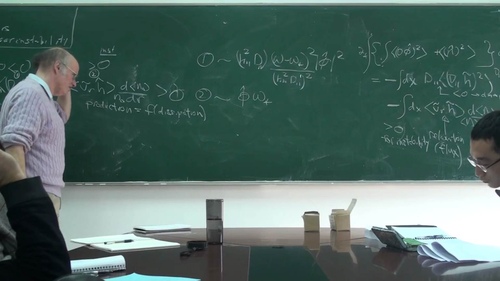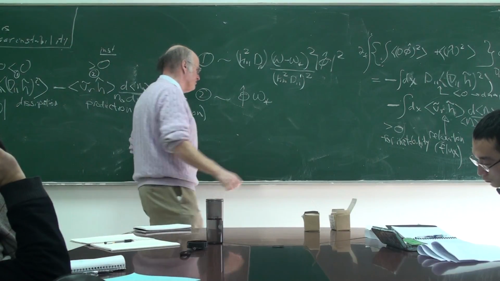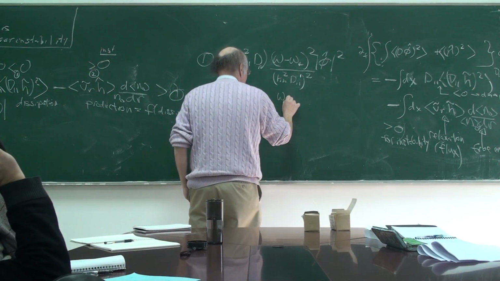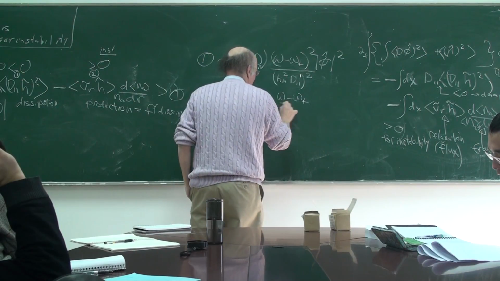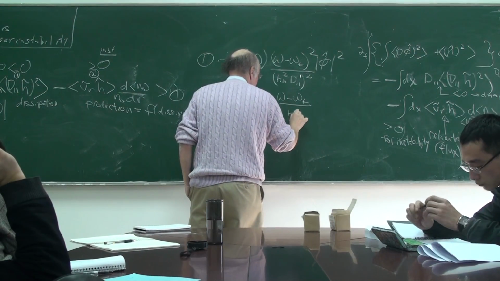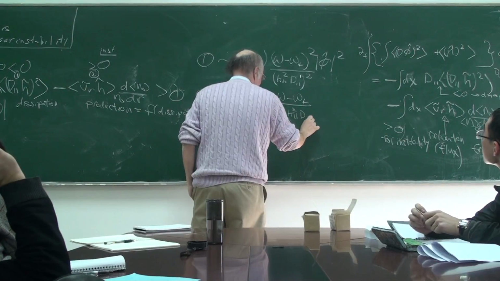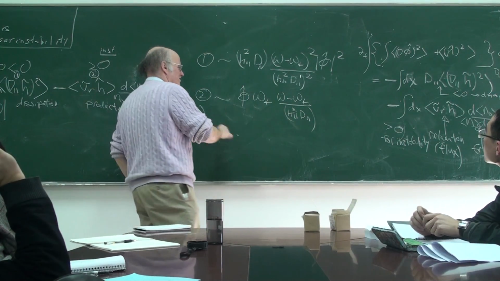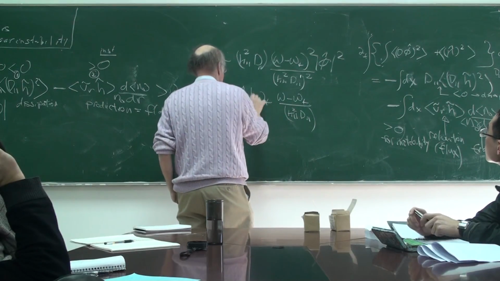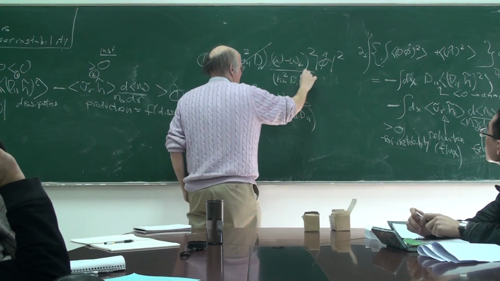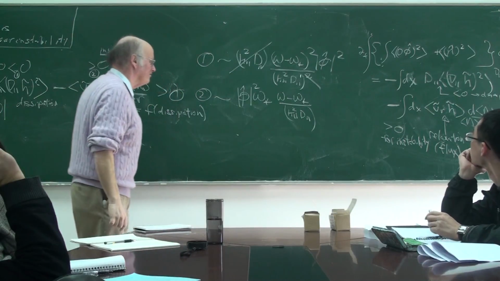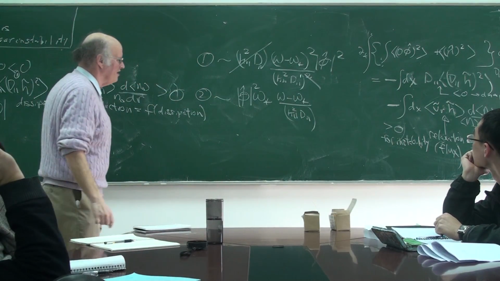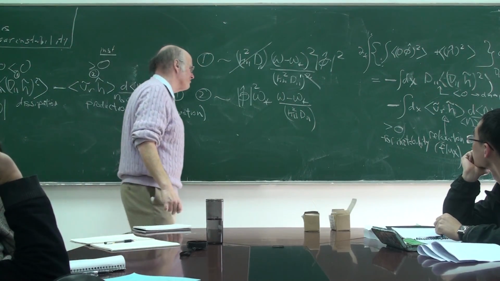And h is going to be omega minus omega star over k parallel squared D parallel. So you notice you get some cancellation, and then you have another phi, so you have a phi squared. So this goes out and that's gone. So you notice you have, ultimately, a very, very close horse race.